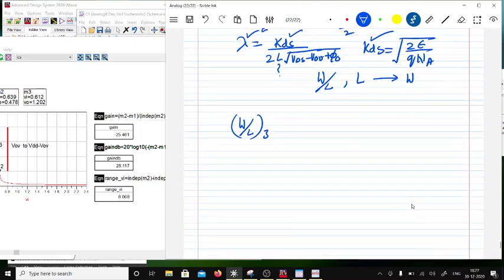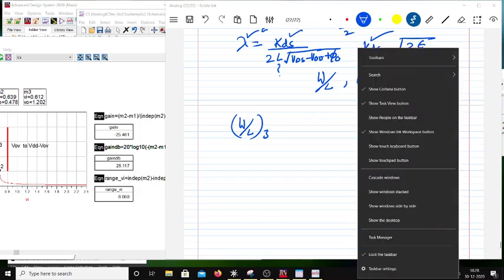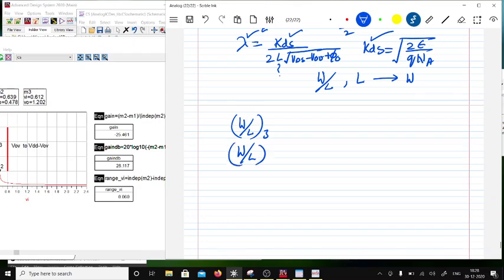Now, okay, you want to keep the bias point. Okay, so now what you want to do is, what's going to happen is, this is for 3. So W by L for 2 would be almost, so what is that?